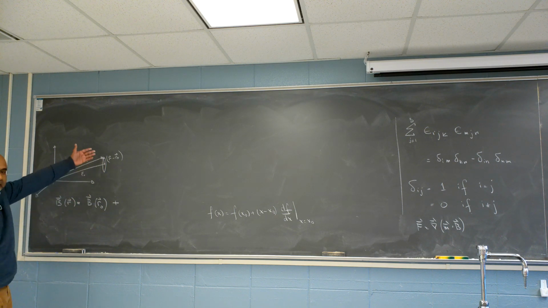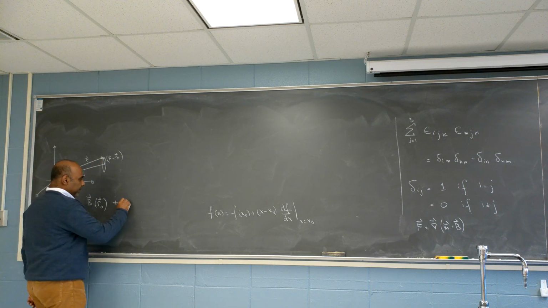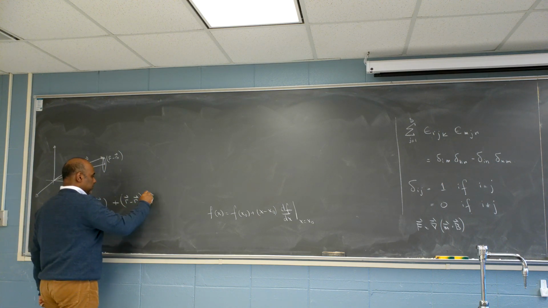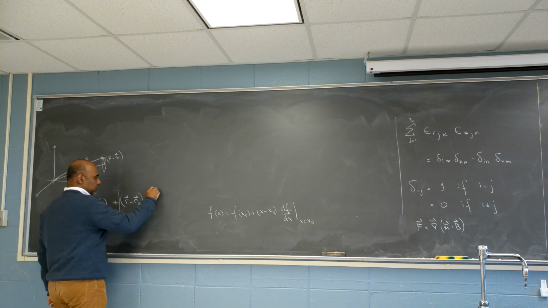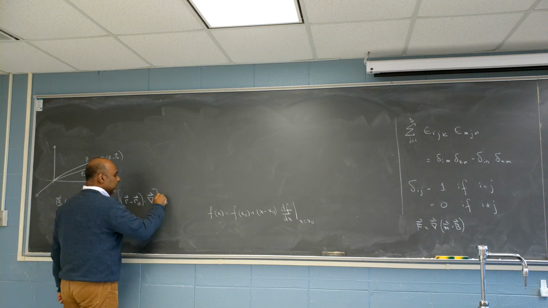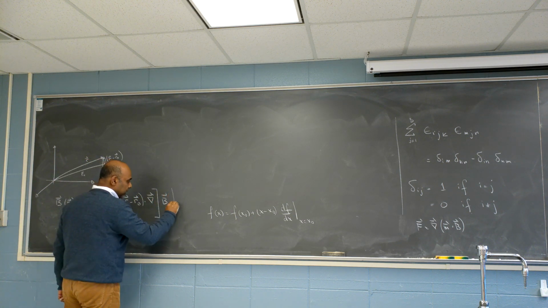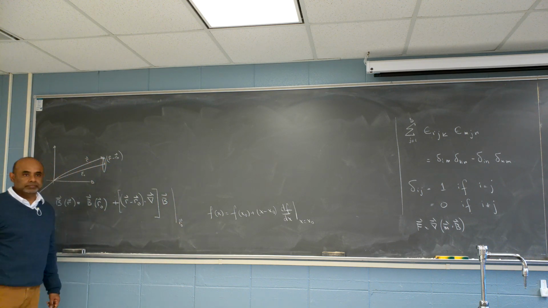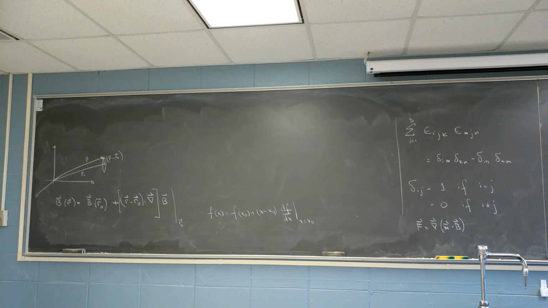We have to just keep track of the three vectors here. This operator acting on B, evaluated at the point R0. Do you see that as the Taylor expansion?